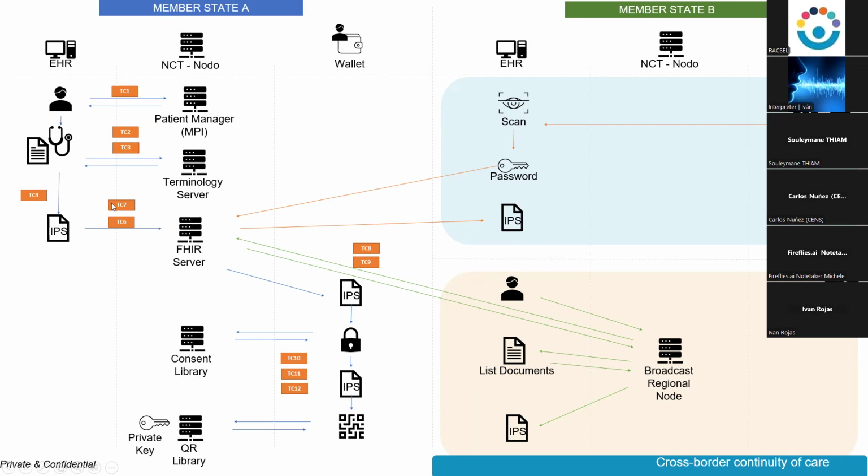Once it's okay, you need to execute either the TC6 or TC7 to push that document in your file server. After that, you have the TC8 and TC9. TC8 and TC9 are the transaction ITI 67 and 68. And after that, you can switch to the VHL part, the TC10, TC11, and TC12. So this is how globally we divide the test cases for the first track.